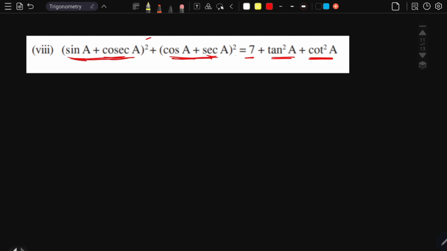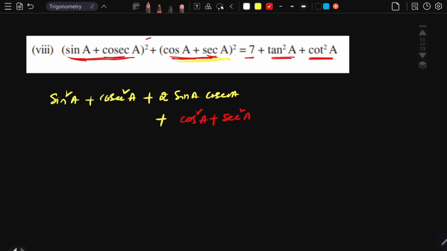By expanding we get sin square a plus cosecant square a plus 2 into sin a multiplied by cosecant a. In this term's expansion we get cos square a plus secant square a plus 2 into cos a multiplied by secant a. This is what I consider the LHS.